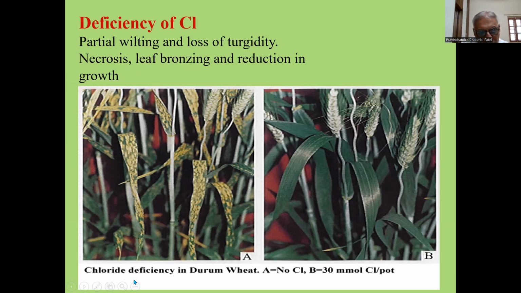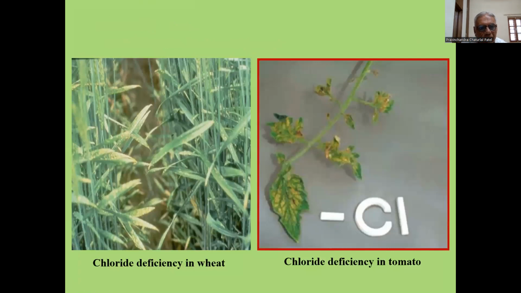And when there is deficiency of chlorine in durum wheat, you can see the clear-cut differences. Then chlorine deficiency in wheat crop: on the left side, you can see the deficiency of chlorine, and on the right side, you can see the sufficiency of chlorine.